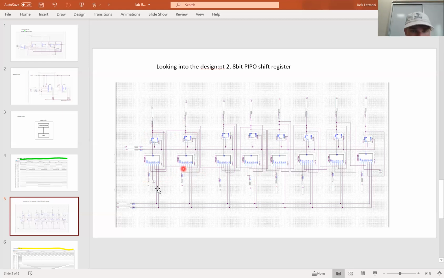So the shift right is created when these two are equal to 1, 0. And then 3 is allowed to go when these are equal to 1, 1, and that just holds the value because it's connected to the same one. So this is how the operations work.